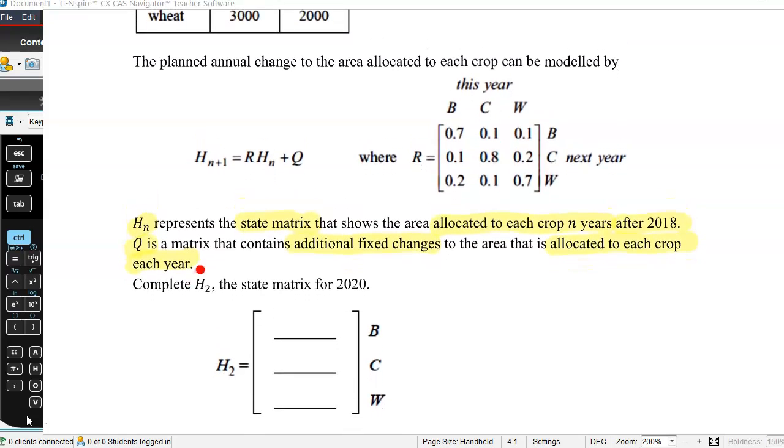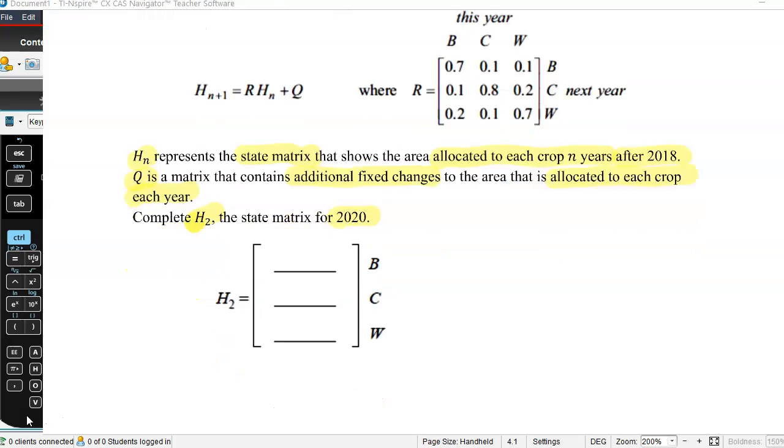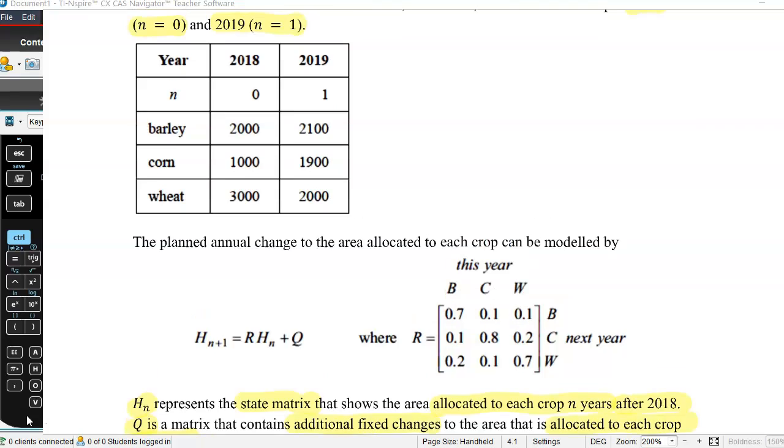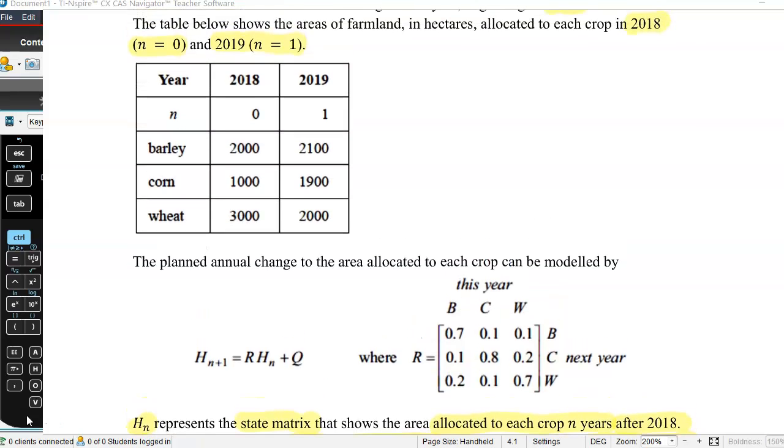So complete H2, the state matrix for 2020. Right, so let's think through our steps here. So we know H0 and H1.